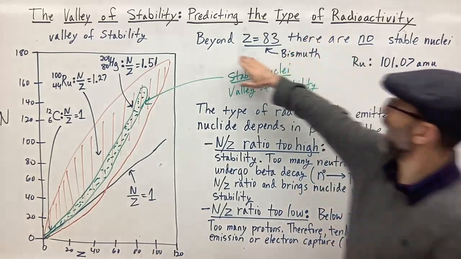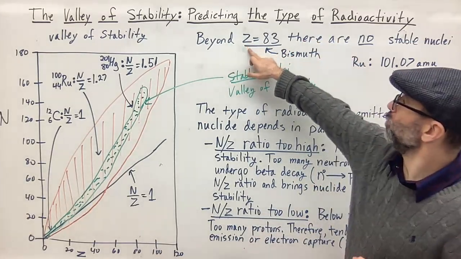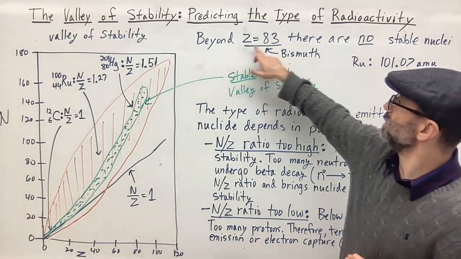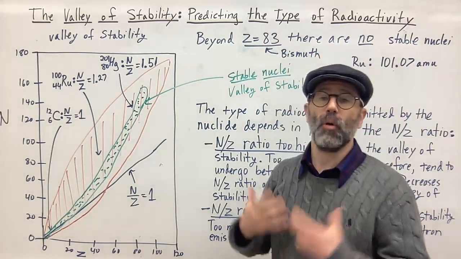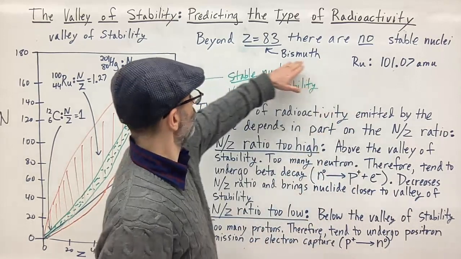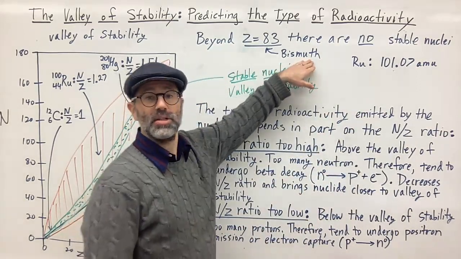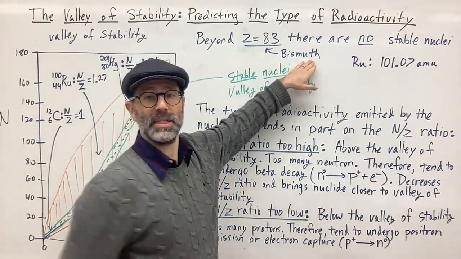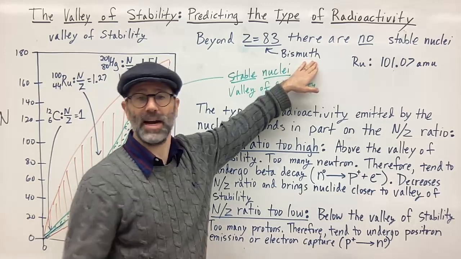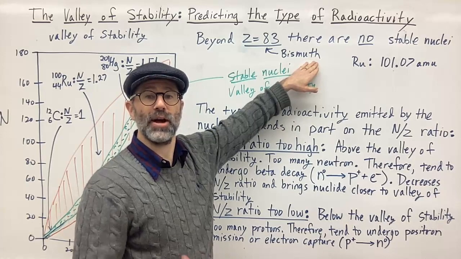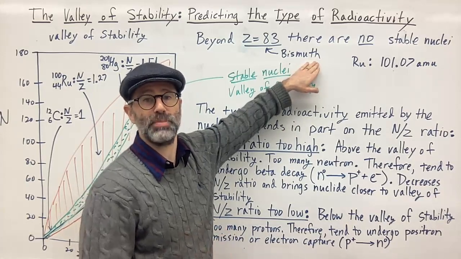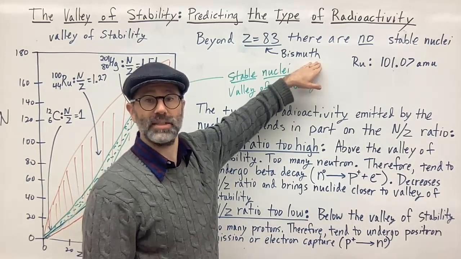Beyond Z equals 83, there are no stable nuclei for those elements. So 83 is bismuth. Any element beyond bismuth on the periodic table is not going to have any stable isotopes. Their nuclei are just too big to get stability.